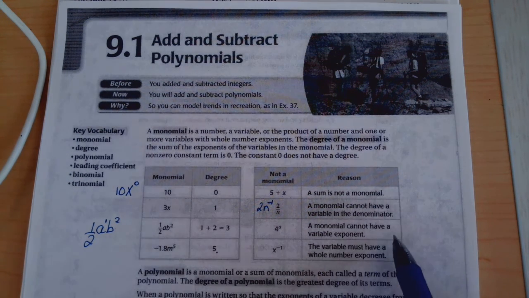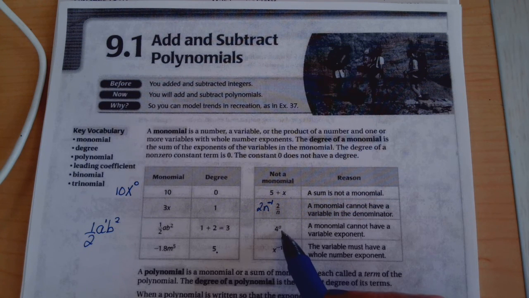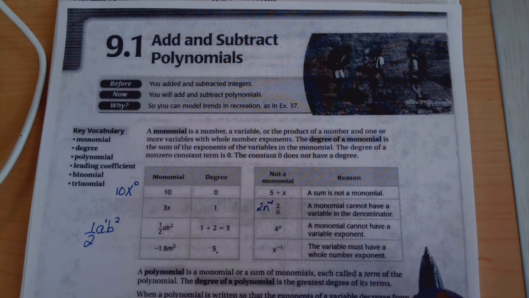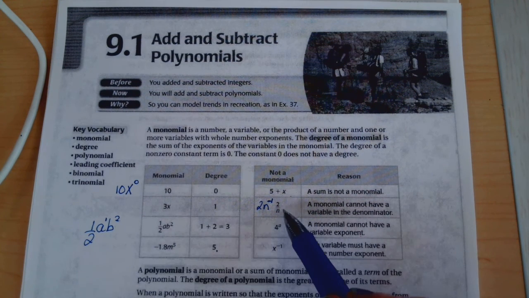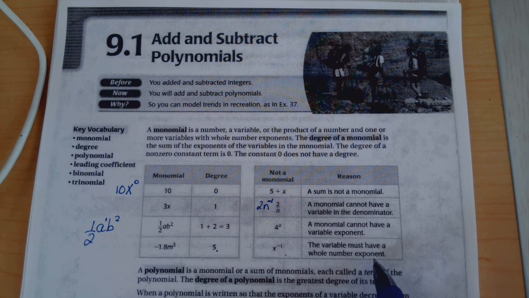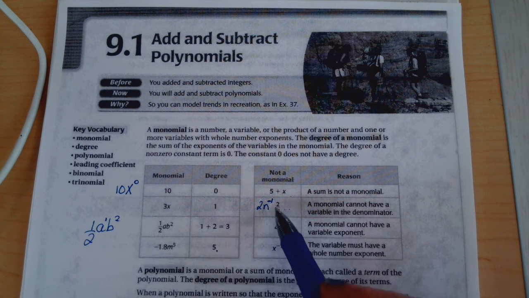A monomial cannot have a variable exponent. So you can't have anything like 4 to the a, 5 to the b, anything like that doesn't work. And because of this and this kind of link together, you can see the variable must have a whole number exponent. So you can't have a negative exponent. And that's why this doesn't work, because if I actually solved it, it would become 2n to the -1.